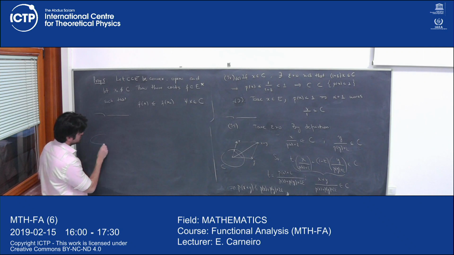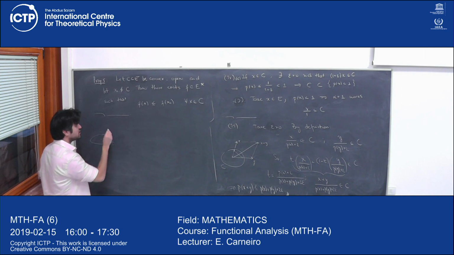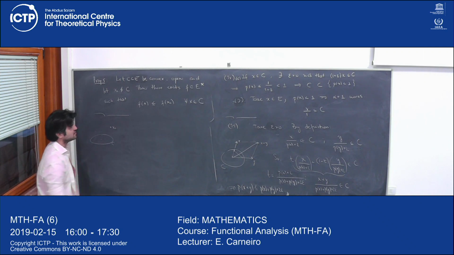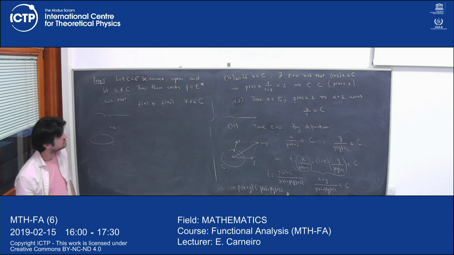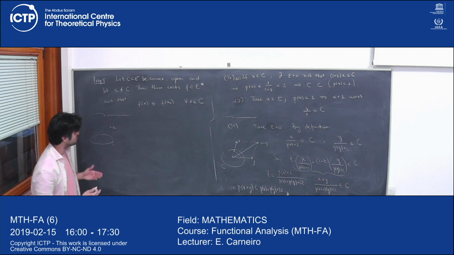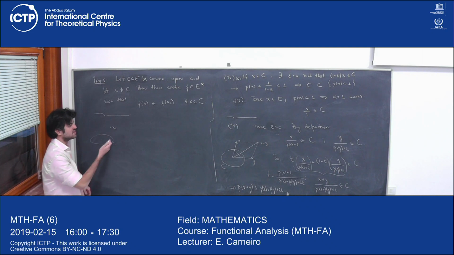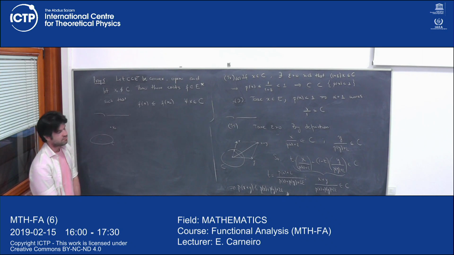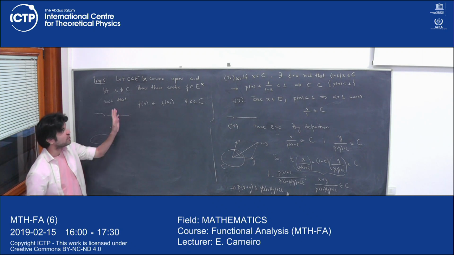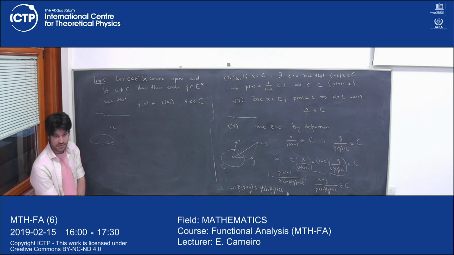So the thing is, if you have one set C here, and 1 point outside, there is a functional that separates these two entities, the open convex set and my point. So this is a particular case of the theorem that we want to prove, where one of the convex sets is just 1 point.